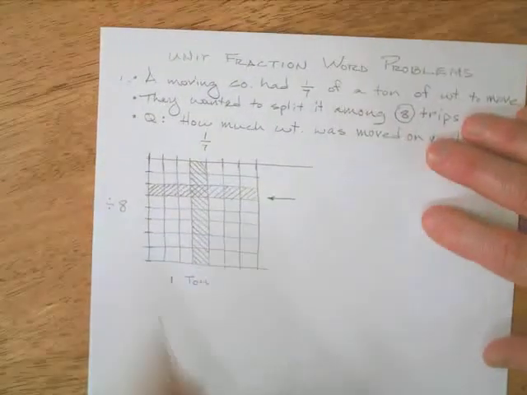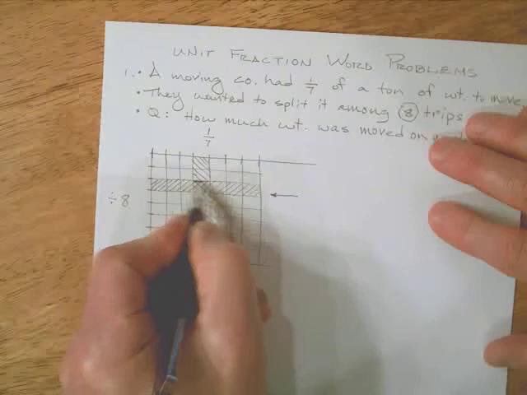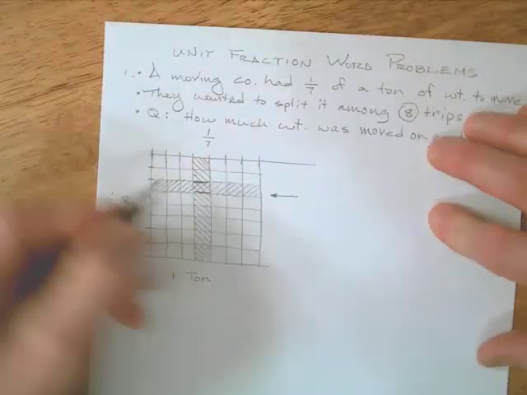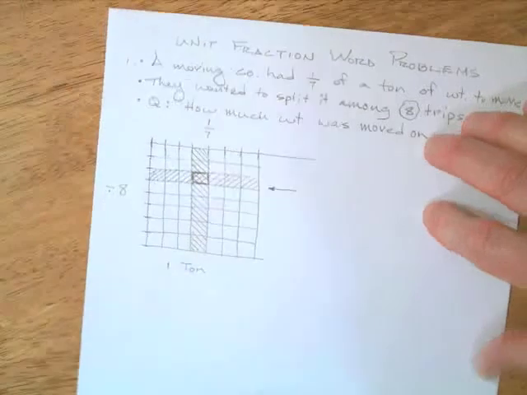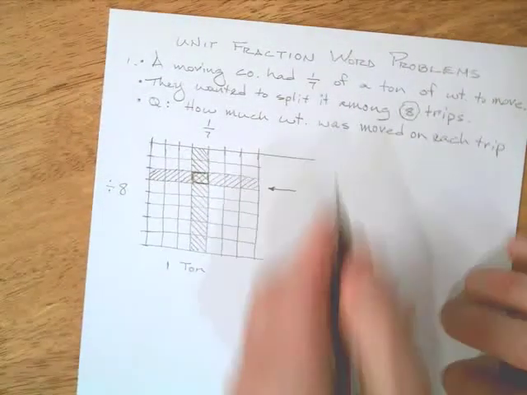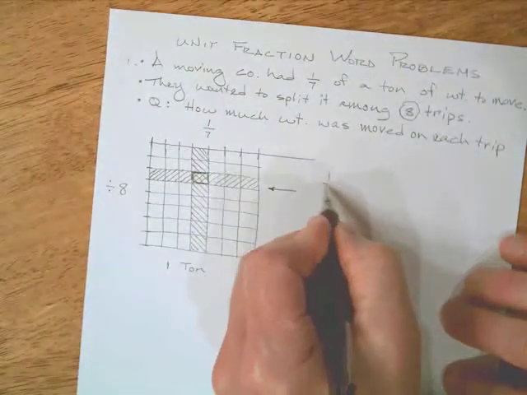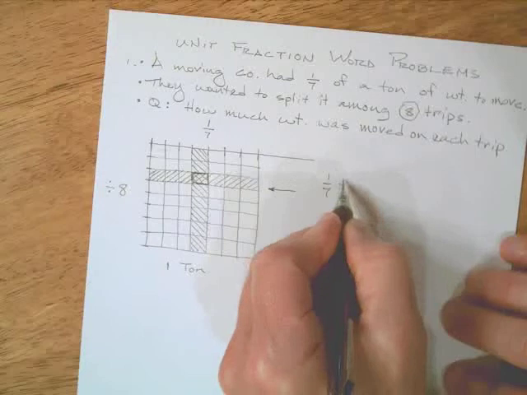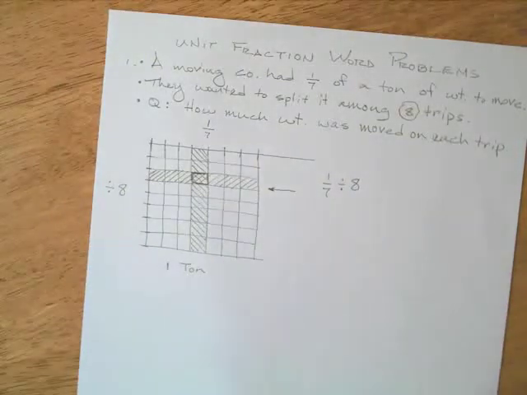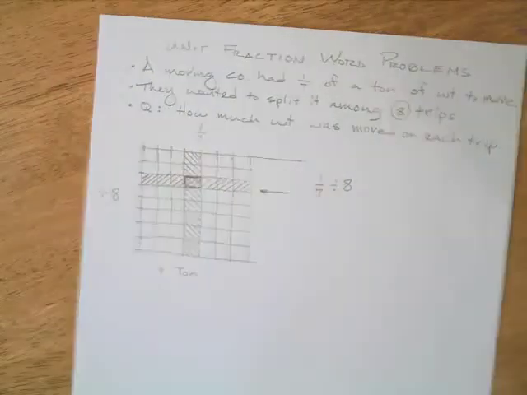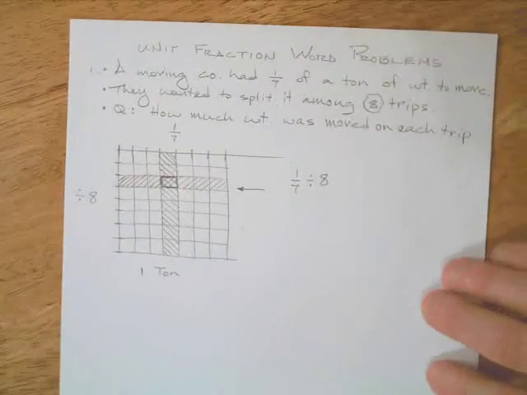And there we have our answers actually right here. So on each trip, there's our 1/7, and there's 1/8 of 1/7. So what we're going to do is we're going to say 1/7 divided by 8. And as you get more familiar with these, there's actually a few different ways to solve these that you'll see, but this is just one way.